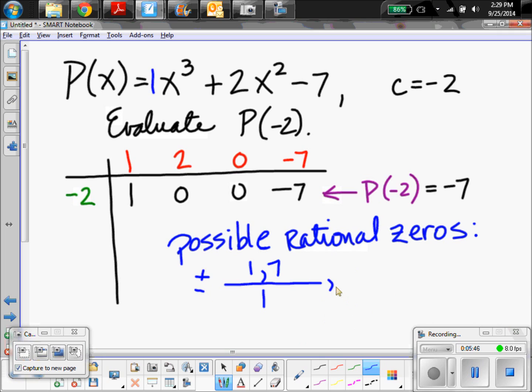So I've got a 1, a -1, a 7, and a -7. So that makes sense why -2 didn't give us 0 as a remainder. It wasn't even a possible rational 0. So later on we'll be starting to work with these numbers in the rational zeros theorem and synthetic division to determine which of those are zeros of the function.